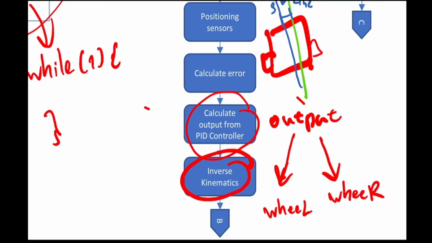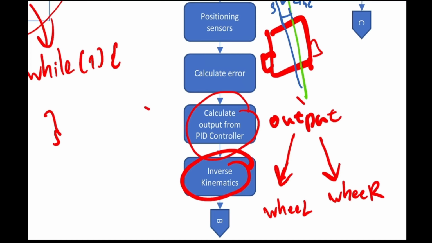If you calculate, maybe the output will be 10, because we need to act very fast. The output might be 10, which is greater, and PID control can check the speed of change of the error.